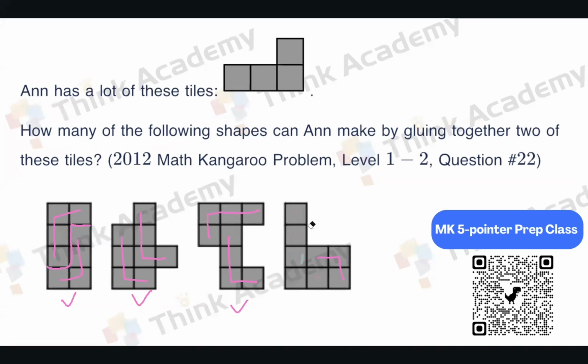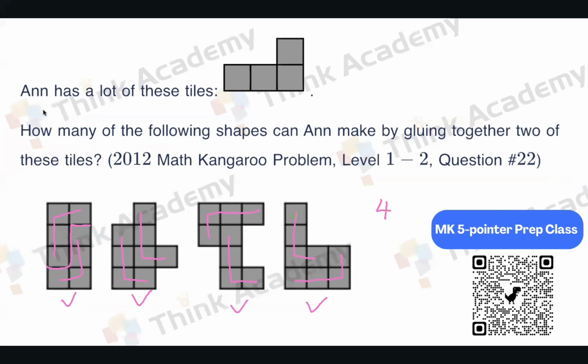If I move a little bit forward, go to the top, oopsie, an L shape. And how about this? This is also an L shape. Can they do that? Yes, right? So we just try different angles. Then maybe if I try to combine them in different directions, I can combine them together, right? So in total, all 4 figures can be combined with the same tile.